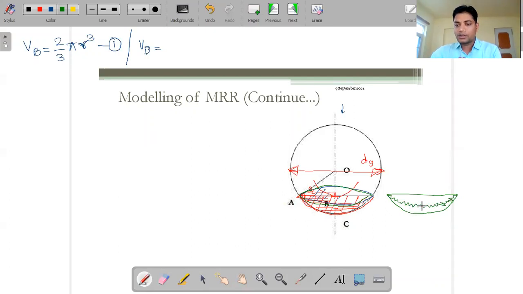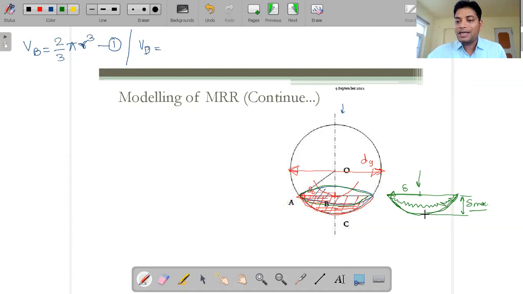So exactly we cannot say that the radius we initially maintained is delta, because yesterday I discussed that this is the maximum indentation that can be formed when the abrasive grit impinges over the workpiece surface. When some amount of the material is still stored by the workpiece, then the impingement was only up to this line.